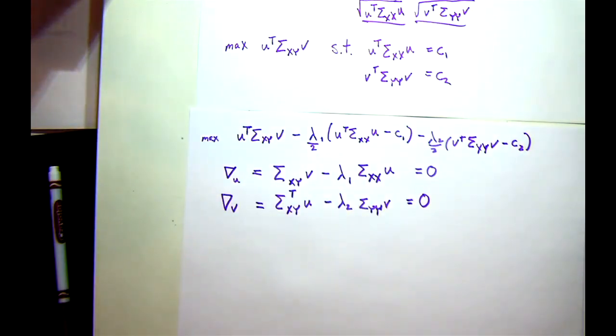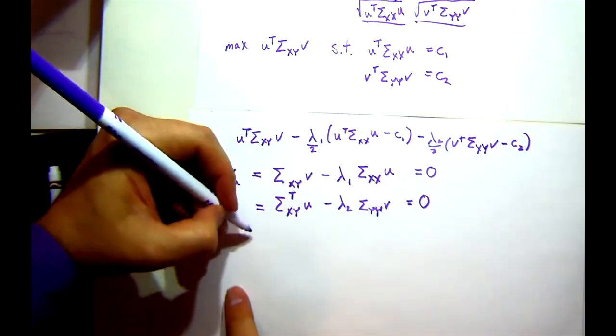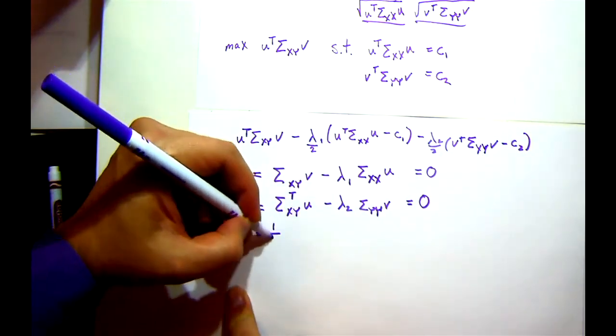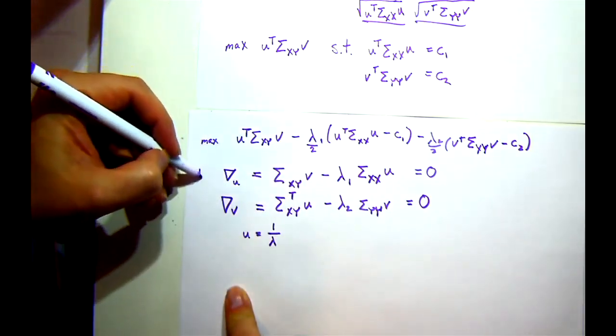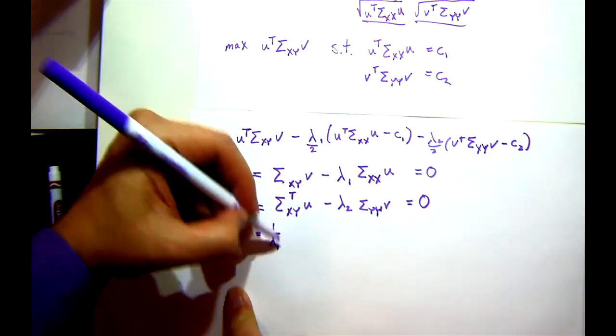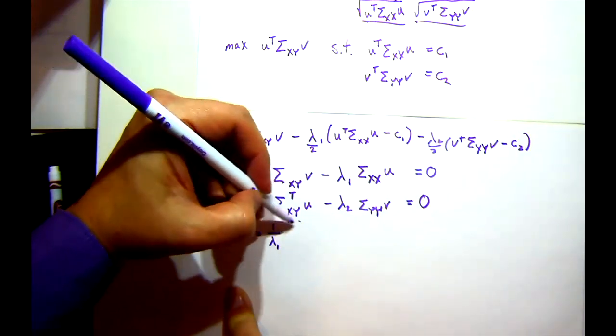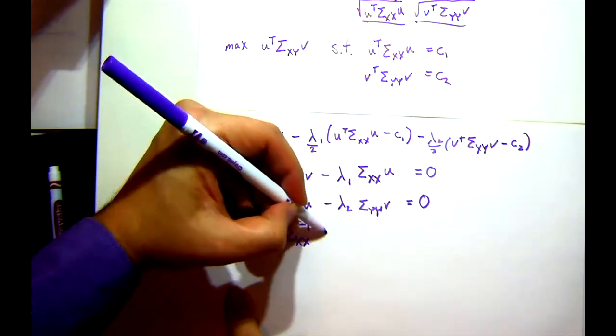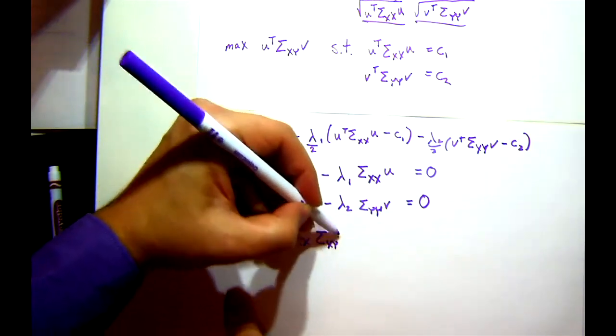So now we just need to do some algebraic manipulation. We can solve for u from that first one. Solving this equation, which we call equation 1, we end up with 1 over lambda 1 sigma xx inverse sigma xy v.